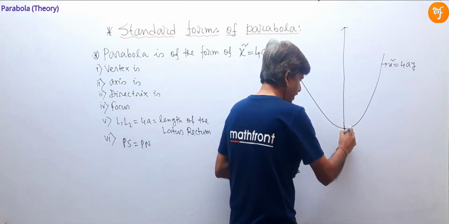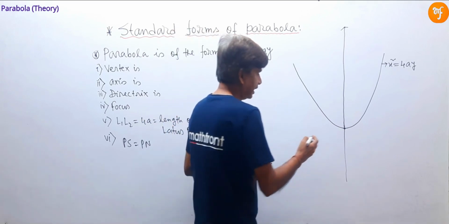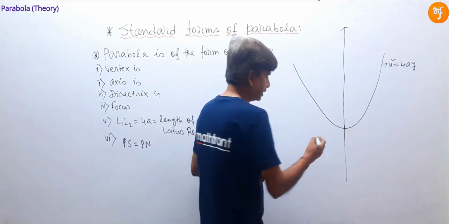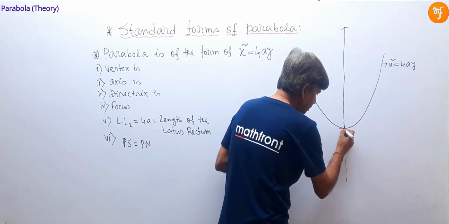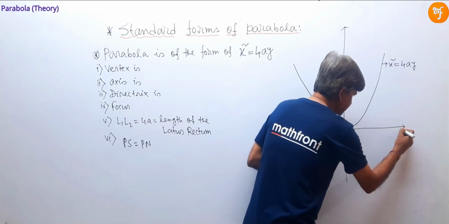So hence the y-axis is the axis of the parabola here and the vertex is at the origin. Hence if we draw the tangent at the vertex, this is the x-axis.